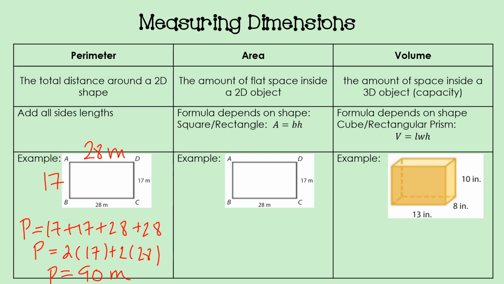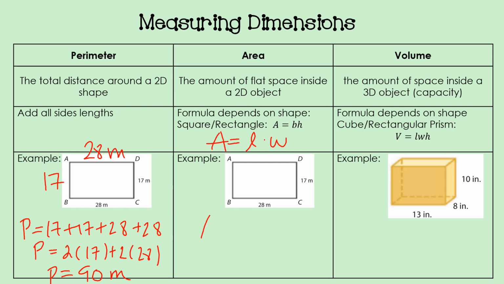All right, so now let's find the area. Area is the amount of flat space inside of a 2D object. It's essentially the number of squares that fit within that shape. There are different formulas. It depends on the shape, but we're only going to be looking at squares or rectangles, so we're going to use base times height. That's also the same thing as length times width, which you might be a little bit more comfortable with.